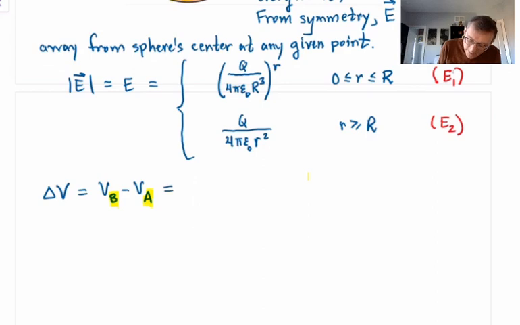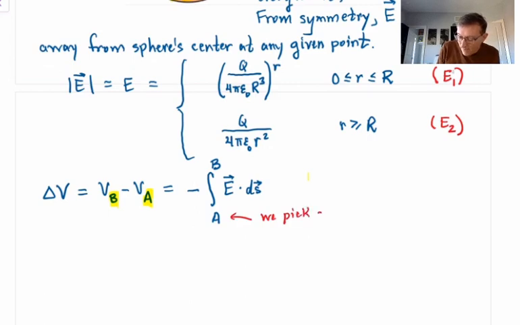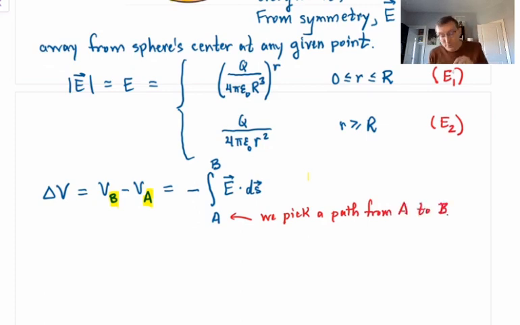And that will be the negative of the line integral from the initial point, A, to the final point, B, of the electric field dotted into a little tiny displacement ds along a path that we pick. We pick a path from point A to point B to do this integral, which is called a line integral, E dot ds.